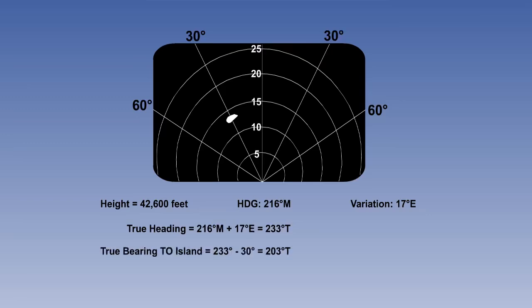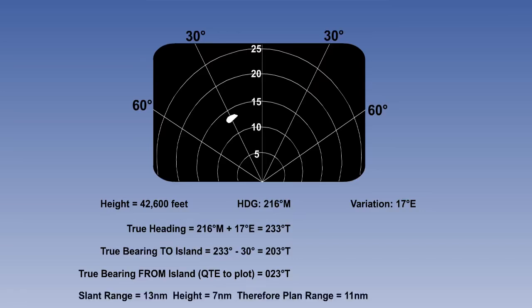As the feature is 30 degrees left of the nose, we deduct this from the aircraft's true heading of 233 degrees. So the feature has a position that is 203 degrees from true north. We want the true heading to the feature, which is the reciprocal of 203 degrees, namely 023 degrees true.